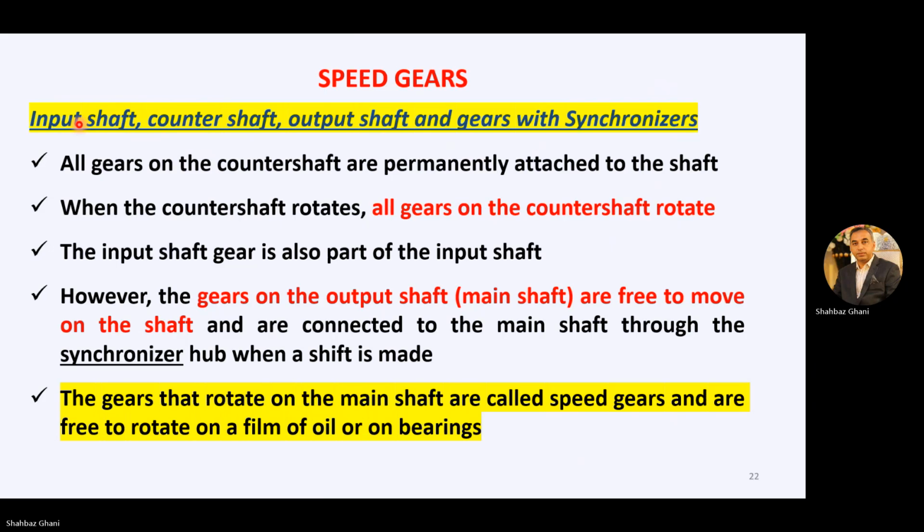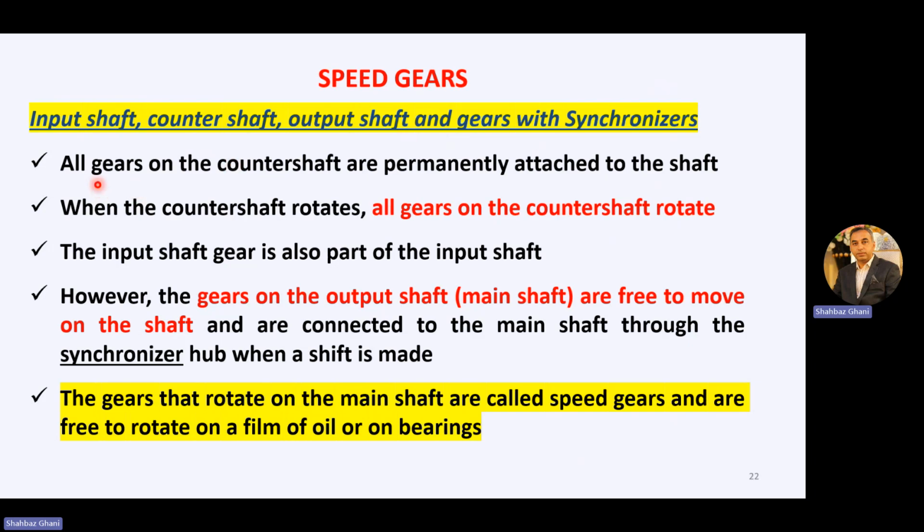From the flywheel, the power comes to the clutch, and from the clutch to the input shaft. From the input shaft, the power is transmitted to the counter shaft, and from the counter shaft it goes to the output shaft or main shaft, from where we select the gears and achieve the output at the transmission end.